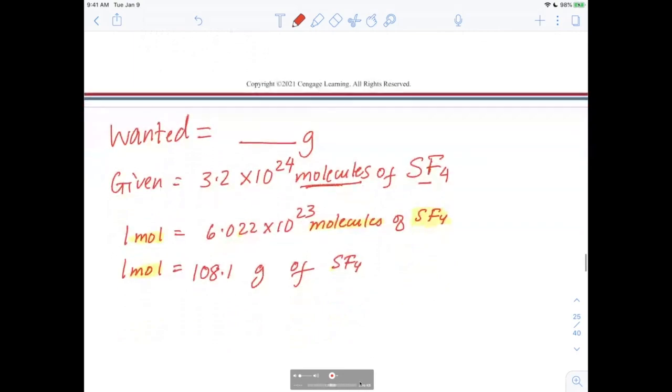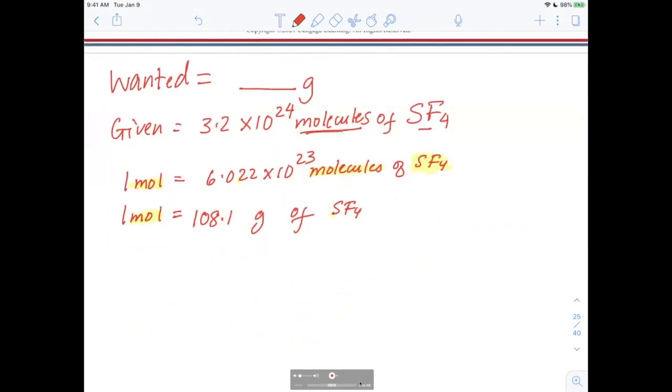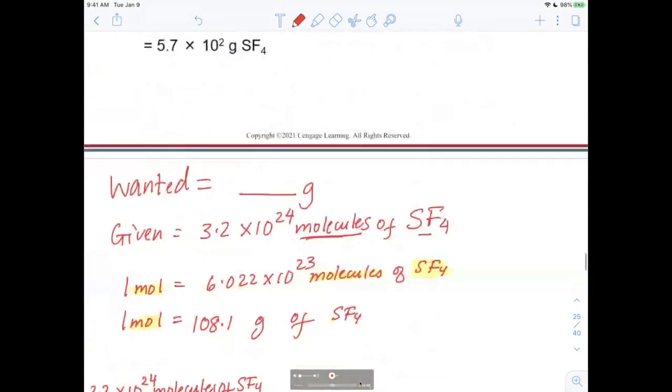Now I'm about to set up my conversion. You always start with your given number. Your given number drives everything else you do. So 3.2, just 3.2, right? Times 10 power 24 molecules of SF4. Let me make sure it's 3.2. Yeah.